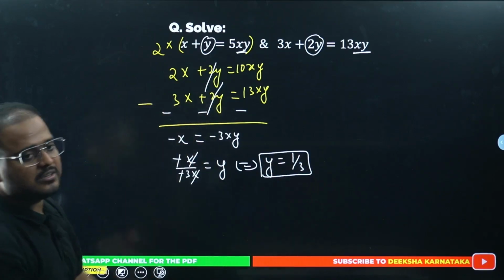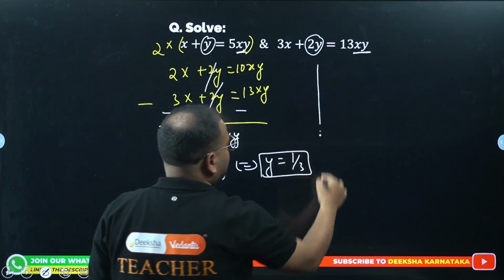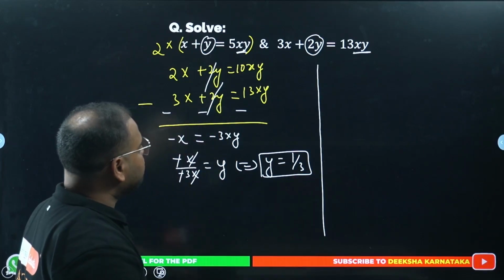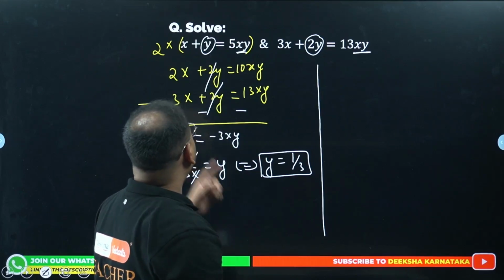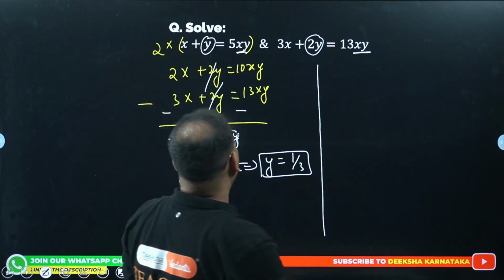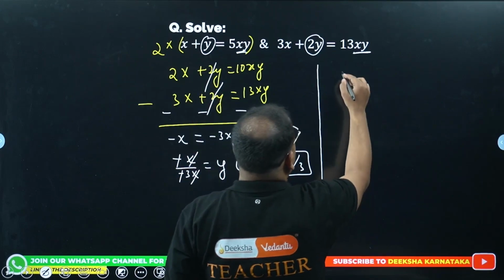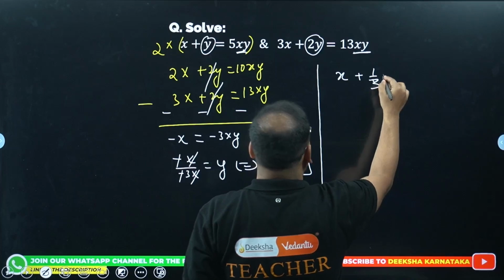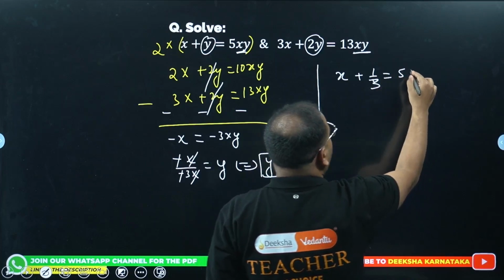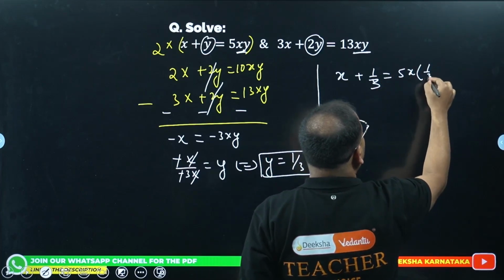Put it back in the equation, find the solution and give me a comment below. I will tell you how to do it, but I will not solve it. You have to solve it and give me the comment. For this question, what is the x value? How will you do it? Put it in any of the equations: x plus 1 by 3 equals 5 times x into 1 by 3.